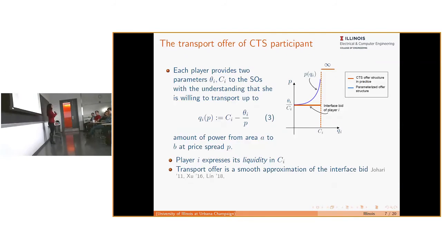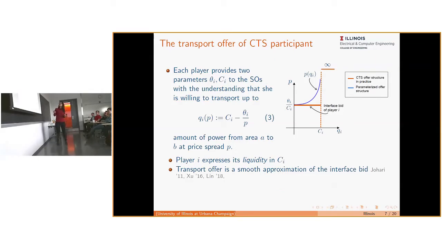We consider a transport offer structure for each player i, such that every player provides a non-negative parameter theta i to the system operator, with the understanding that she is willing to transport up to a maximum quantity q_i(p), given by the expression 3. And in this diagram, you can see with the blue curve how the values of the parameters theta i and c_i impact the shape of the transport offer.